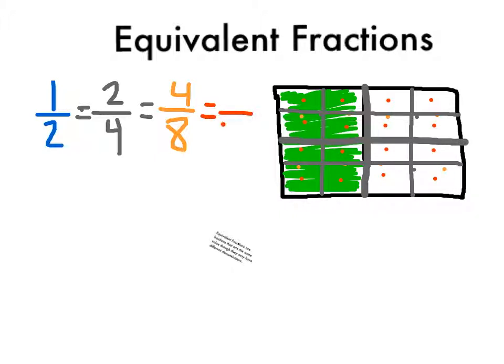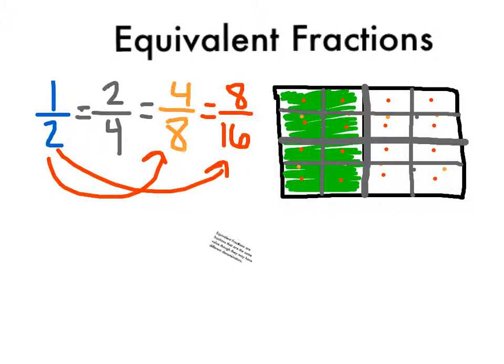So now my whole is going to be 16 parts, but how many are shaded? 8. Yay! Without having to count each individual box, I noticed that that's a 4x4 array. Oh, you're so smart. So now we know that 1/2 can also be equal to 4/8, 1/2 is equal to 8/16, and 1/2 is equal to 2/4.